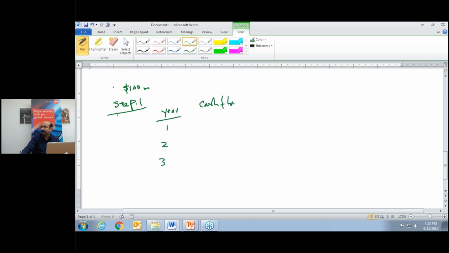If we apply the 6%, this will give us 6 million. All figures are in million. Then 6 million, then of course 106 million.